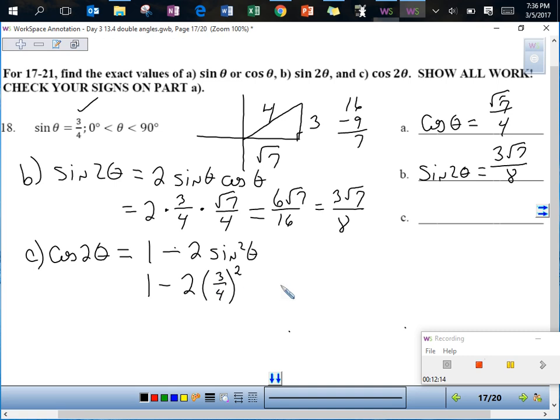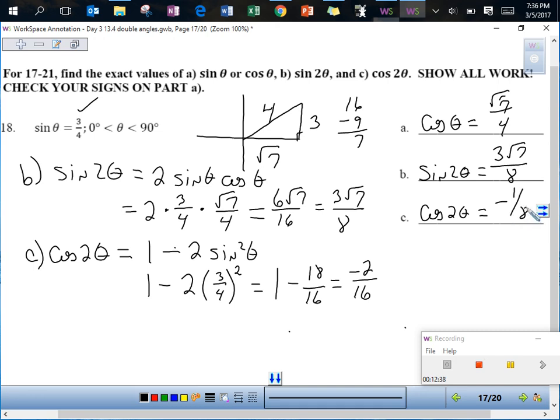You can run all this through your calculator. Since I'm not going to touch my calculator, I'm going to think of this as 1 minus 18 over 16. So I'm going to get negative 2/16, so negative 1/8. So cosine of 2 theta is going to be negative 1/8.